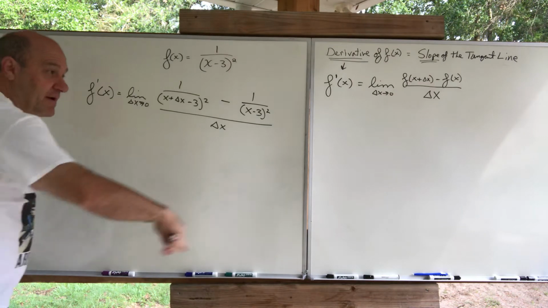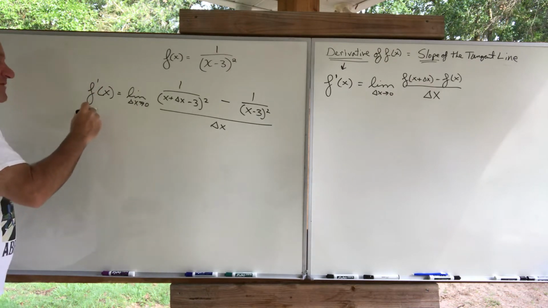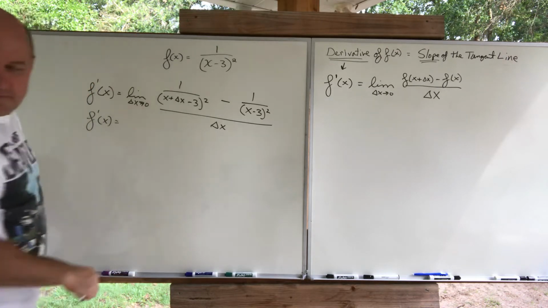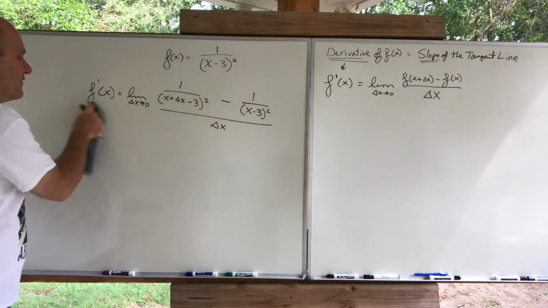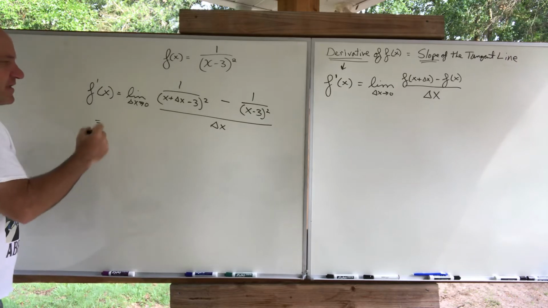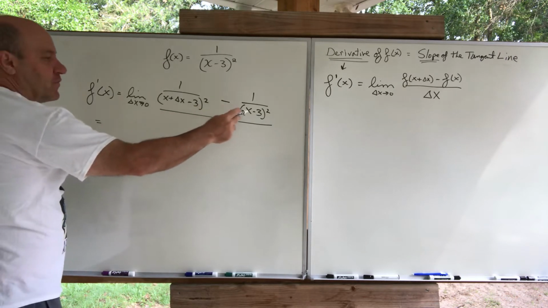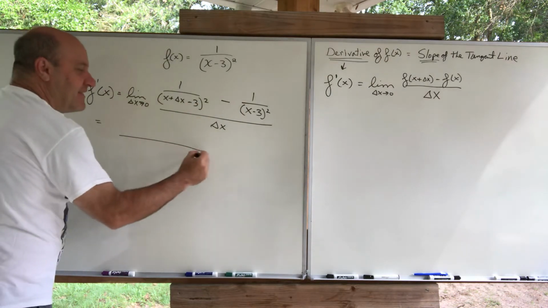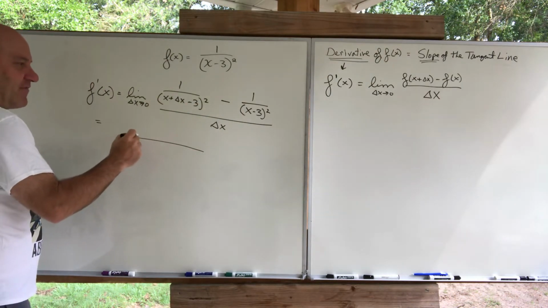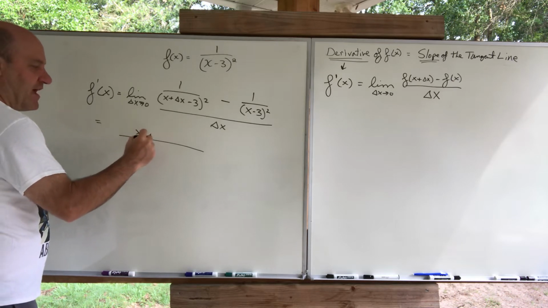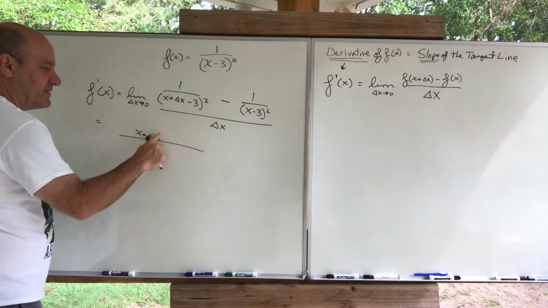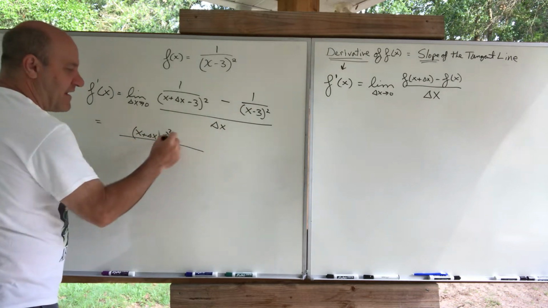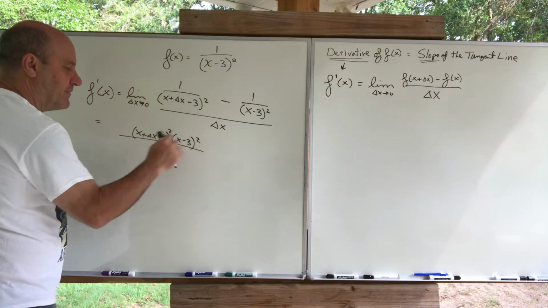So I'm going to work here. I might end up over there. So here we go. Oops. Sorry, that's okay. I don't need to really rewrite that. Here we go. Equals. So common denominator means that's going to be, wow, the common denominator is going to have x plus delta x minus 3 squared, and it's going to have x minus 3 squared.